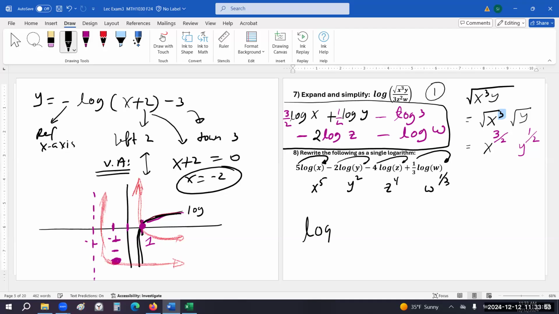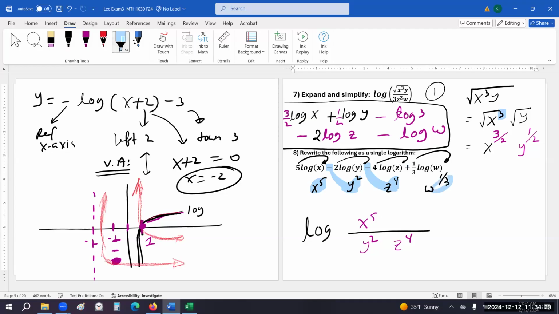Now, single log means you have to have log only once. And since we have plus sign, minus sign, based on their sign, we are going to put something on the top, something on the bottom. The first one has no sign, so it goes on the top. The second one has a negative sign, so it goes on the bottom. The third one has a negative sign, so it has to go on the bottom.